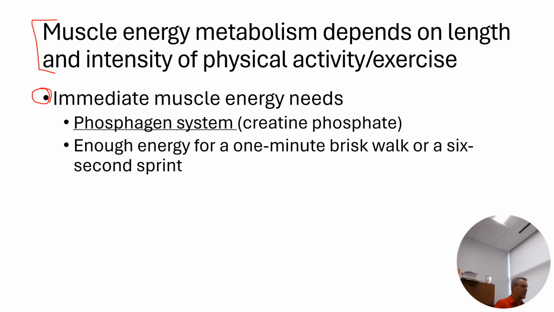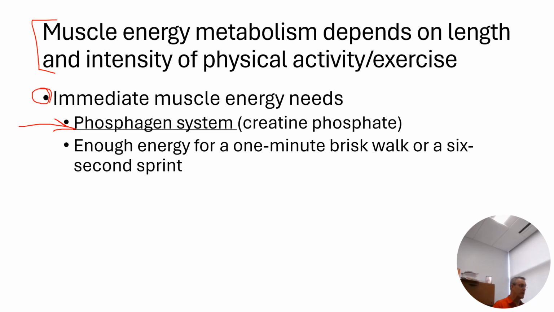So for the immediate muscle energy needs, when you need a burst of activity, whatever it is, it's going to be the phosphagen system. Now, we talked about the phosphagen system in a previous lecture. Right, just to remind you, creatine phosphate, the enzymes creatine kinase and myokinase are the enzymes of this system.